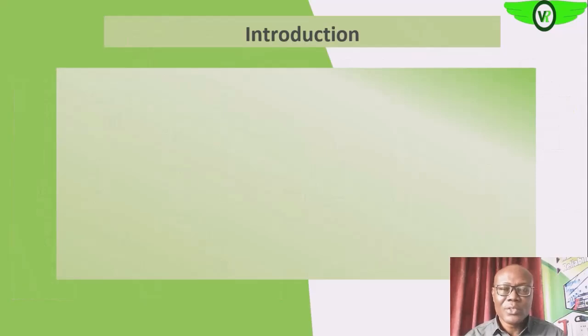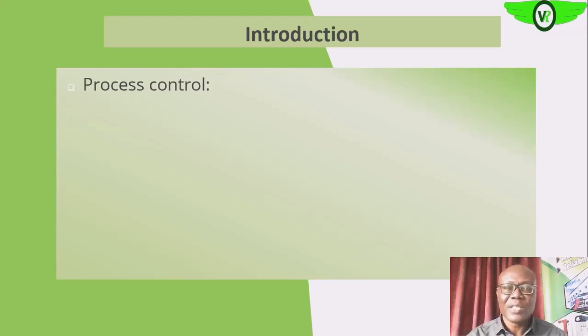So let us look at what we mean by process control. Remember, we said the process is a series of steps in the process industry that we need to take in order to get our finished product.